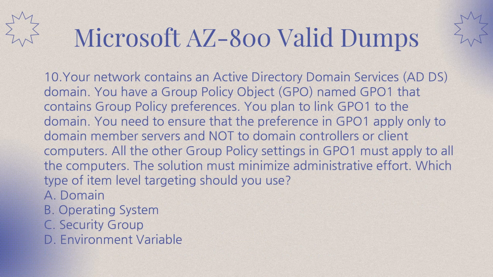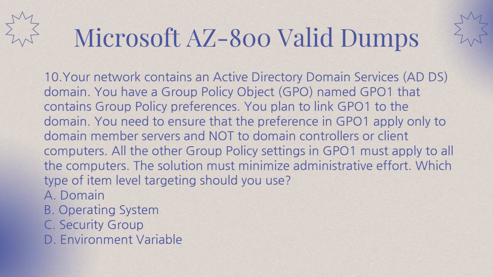10. Your network contains an Active Directory Domain Services (AD DS) domain. You have a Group Policy Object (GPO) named GPO1 that contains Group Policy preferences. You plan to link GPO1 to the domain. You need to ensure that the preferences in GPO1 apply only to domain member servers and not to domain controllers or client computers.